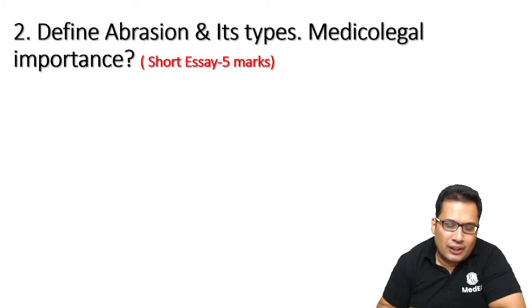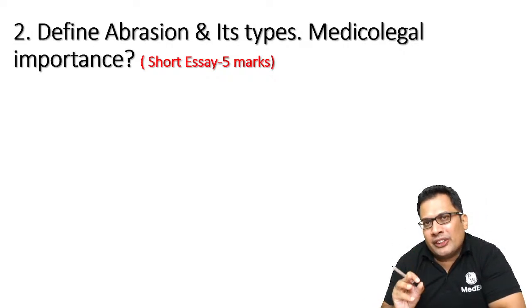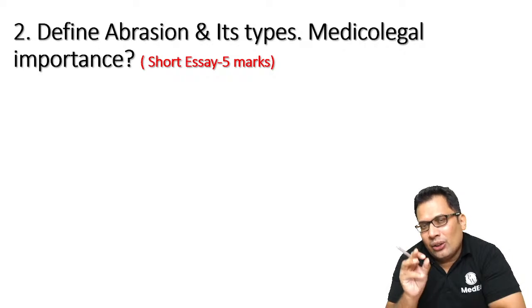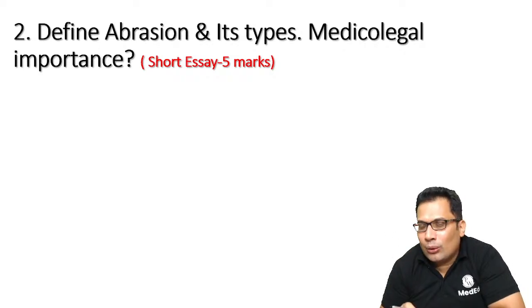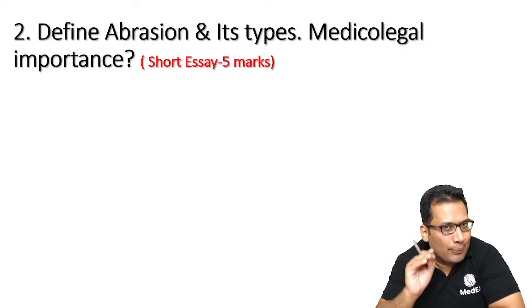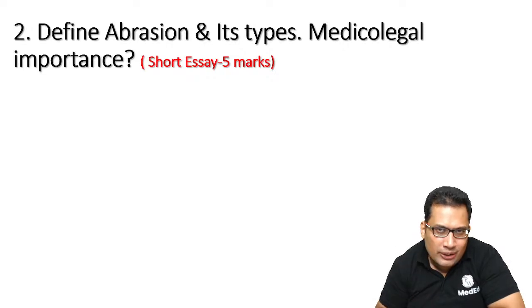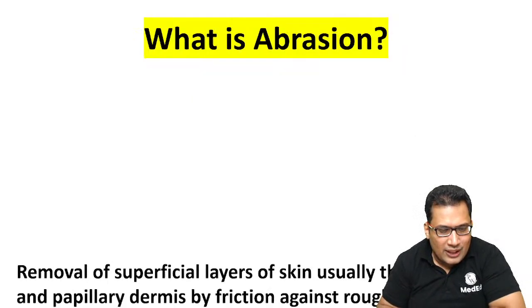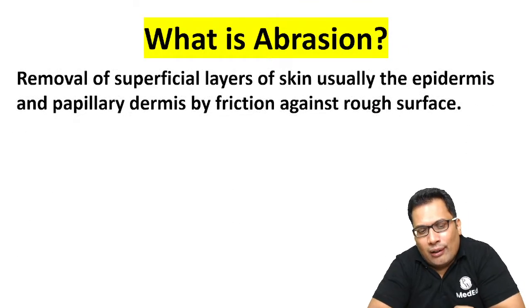What is abrasion? Abrasion is a superficial injury affecting the superficial part of the skin, the epidermis and also part of the dermis. It is the removal of superficial layers of skin.